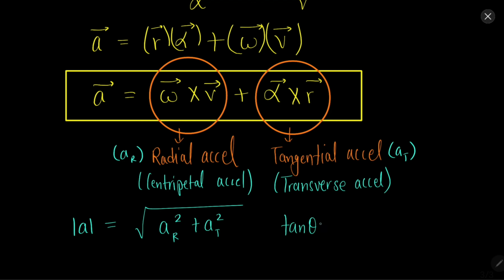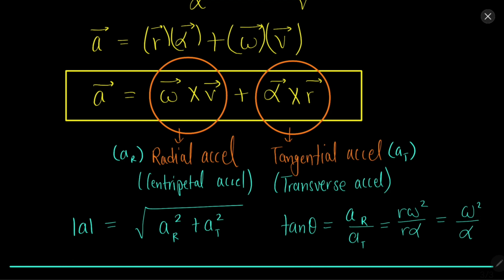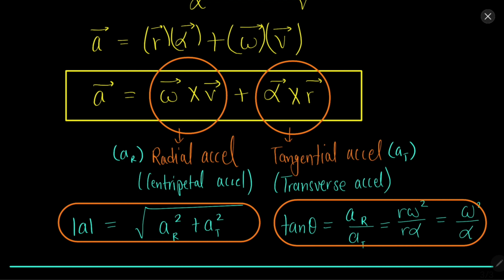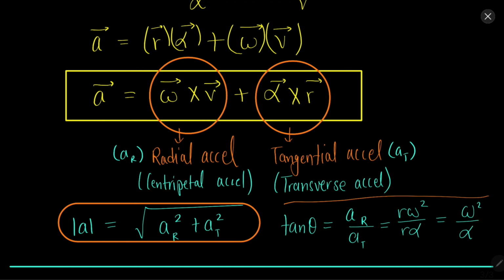Tan theta is equal to the radial component upon the tangential component. You will get r omega square by r alpha, which gives omega square by alpha. By this you can find the direction. This is the magnitude and this is the direction. Just keep this in mind.